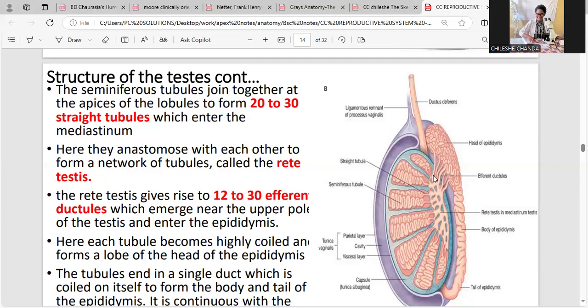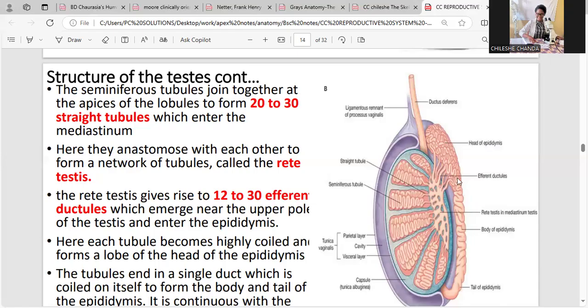When they anastomose, they form this network known as the rete testis. The rete testis is found in the mediastinum testis. The rete testis will then give rise to 12 to 30 efferent ductules. These are the efferent ductules, and they are the ones that go to form the head of the epididymis.